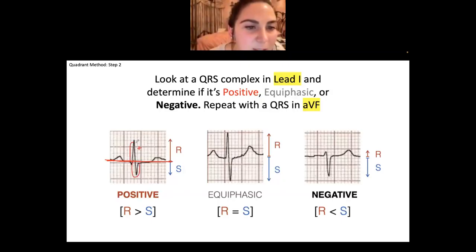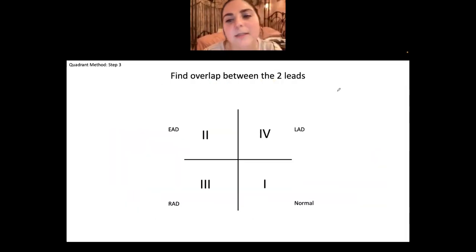For this one, I would say this is positive because there's more up here than there is down here. This one looks completely the same, this distance looks the same as this distance. And this one is much bigger down here than up here. You're just comparing the R and the S waves basically. If it's positive, R is bigger than S. If it's negative, R is less than S.